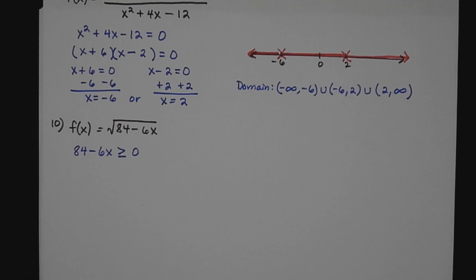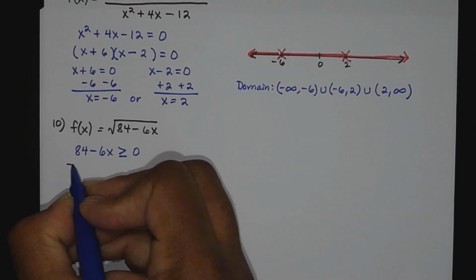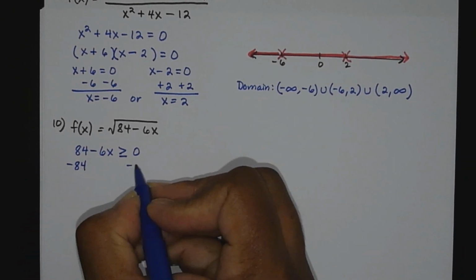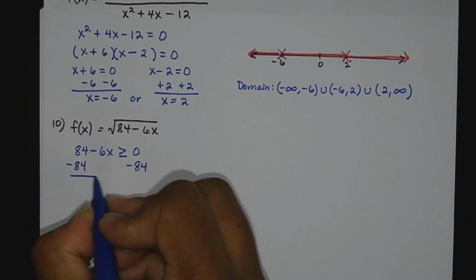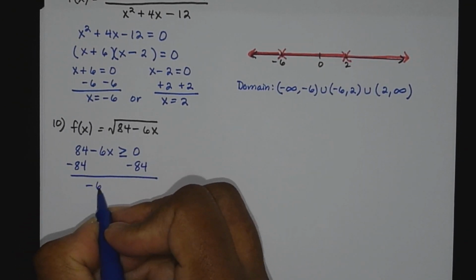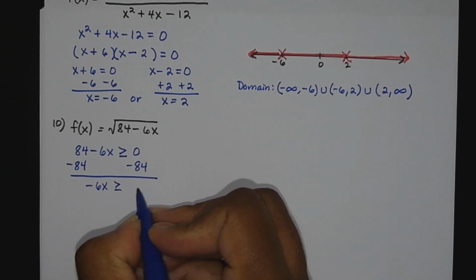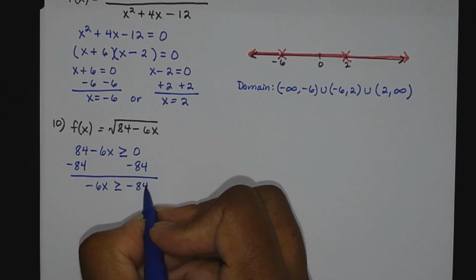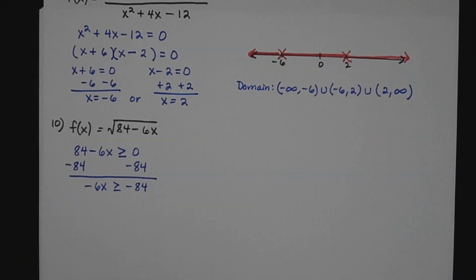Okay? So now I'm going to get negative 6x by itself. So I need to subtract 84 on both sides. So it'd be negative 6x is greater than or equal to negative 84.